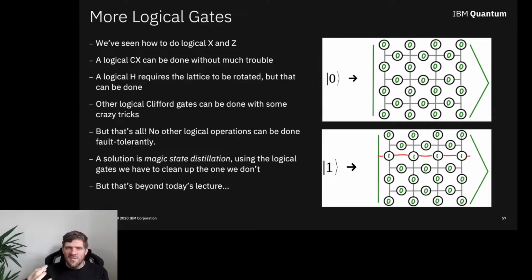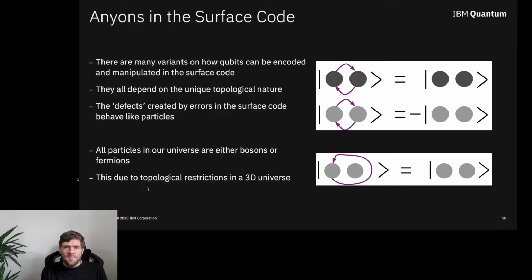So we have this thing called magic state distillation, which uses the fault tolerant gates that we have from the Clifford gates to clean up the non-fault tolerant gates that we don't, to make a fault tolerant non-Clifford. It's a bit messy. There's overheads involved, but it can be done. So it shows that we can do fault tolerant quantum computing with this code. But the means to do that are beyond this lecture.